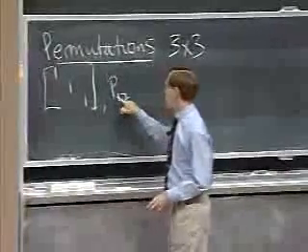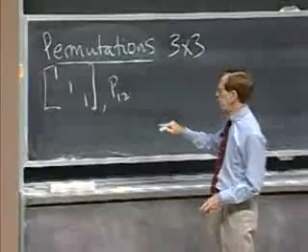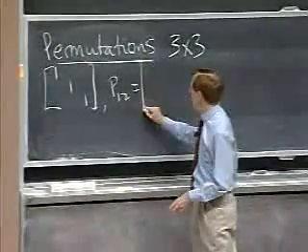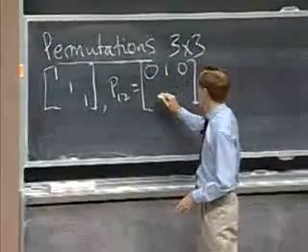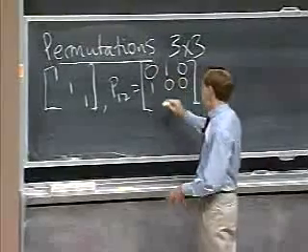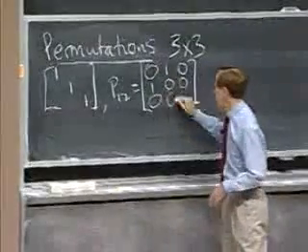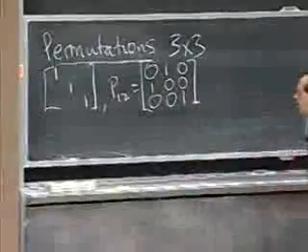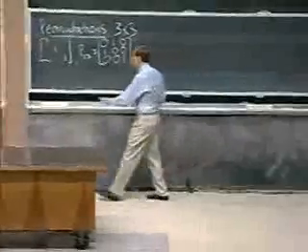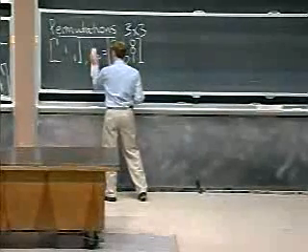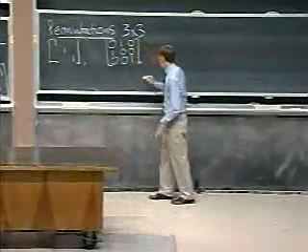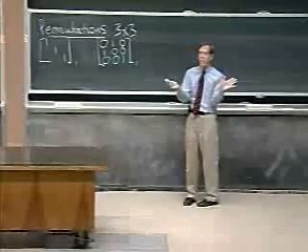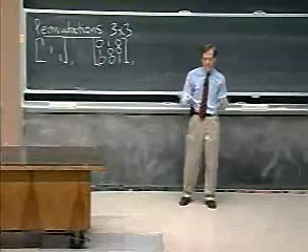The permutation matrix that exchanges rows 1 and 2 would be 0, 1, 0, 1, 0, 0, right? I just exchanged those rows of the identity, and I've got it. Okay, actually let me not clutter this up.